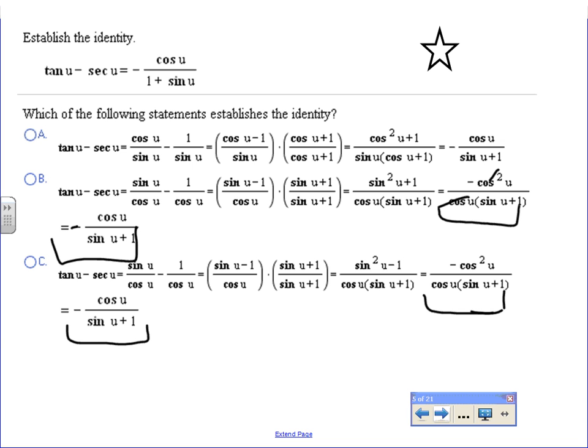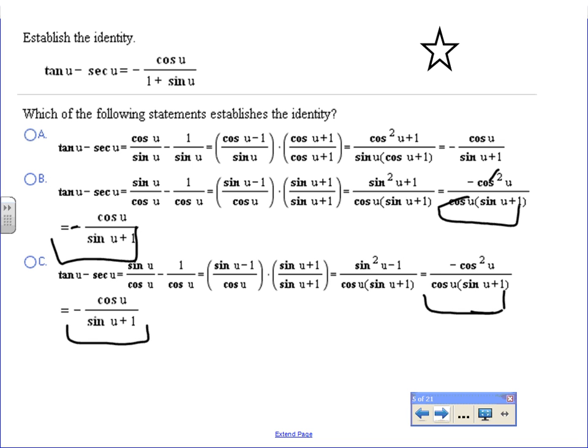I was looking at the third step instead of the last step, so let me kind of back up. Now, so basically it looks like the same thing they did in choice 1, or I'm sorry, I can't get it straight, choice B. So choice B and C sort of have the same last step.